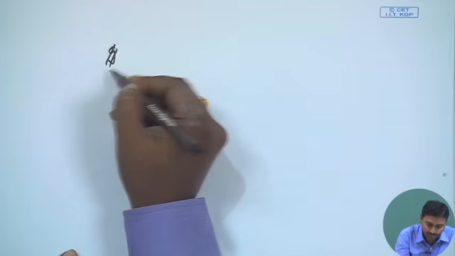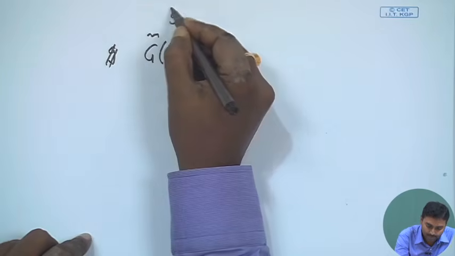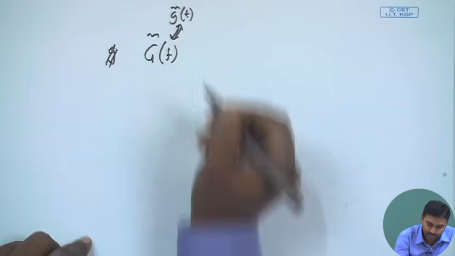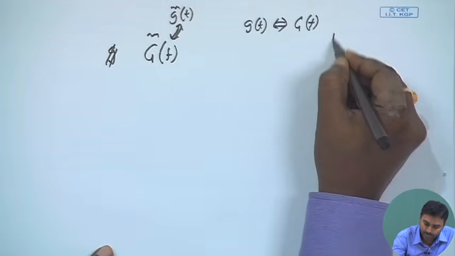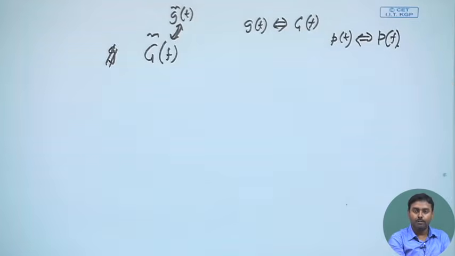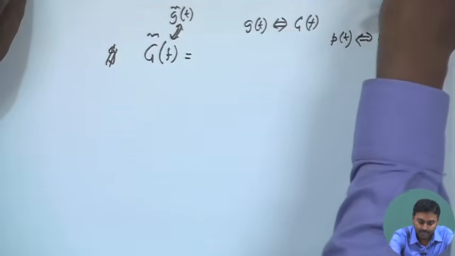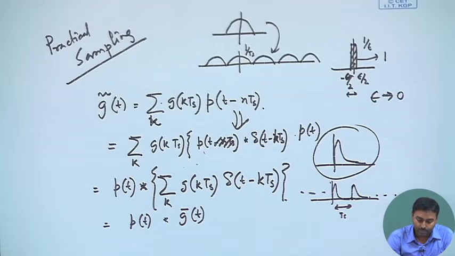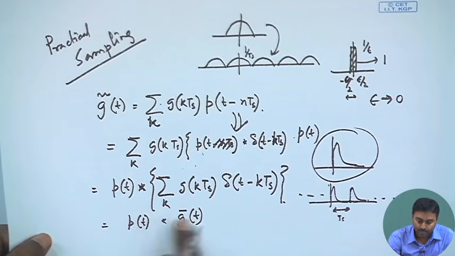Okay. So, now if we do the Fourier transform of this, let us write capital G tilde(f) as the Fourier transform of g tilde(t), let us say these are a Fourier pair, and we also know g(t) has a Fourier pair G(f) and p(t) has a Fourier pair P(f). Suppose we know that, so for the pulse also we know the Fourier transform. If that is the case, what will be G tilde(f)? Because we have already shown that g tilde(t) is p(t) convolved with g bar(t), it must be a multiplication in the frequency domain.